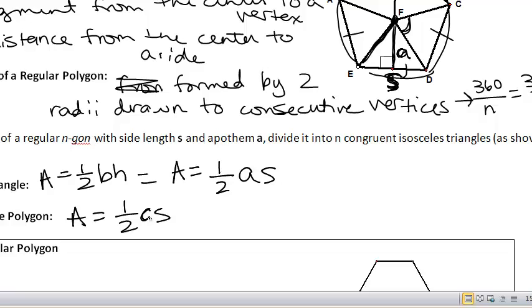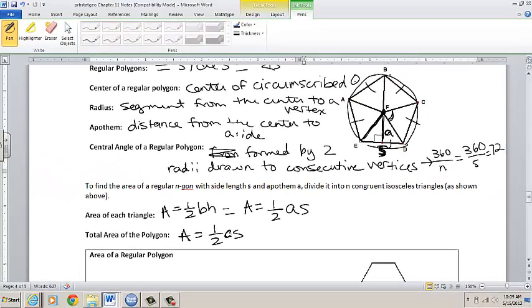For a general regular shape, however many sides you have is how many triangles you'd have, so we can say n for sides. For our example, it would be 5.